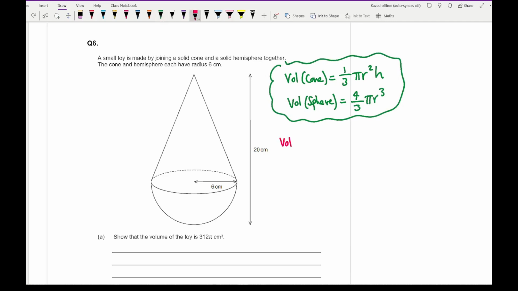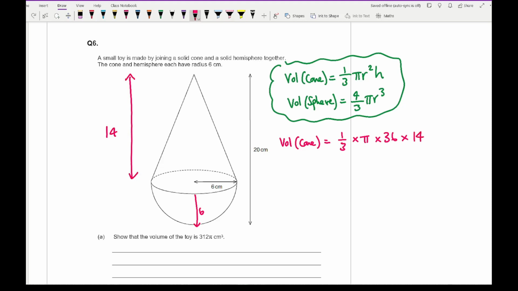So here the volume of the cone is going to be 1/3 times pi times 36 times, now this length here is going to be 6, so that means that this height of the cone is going to be 14.